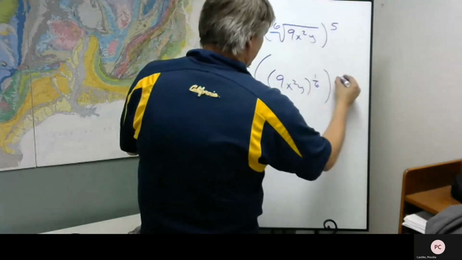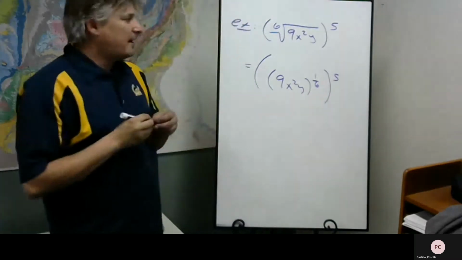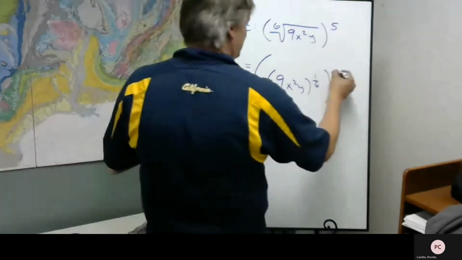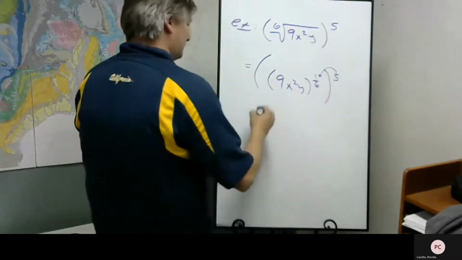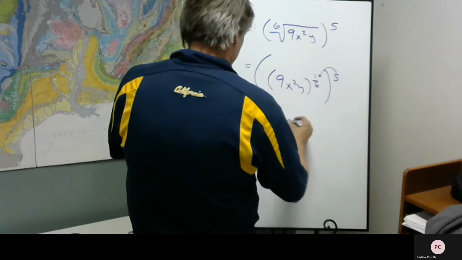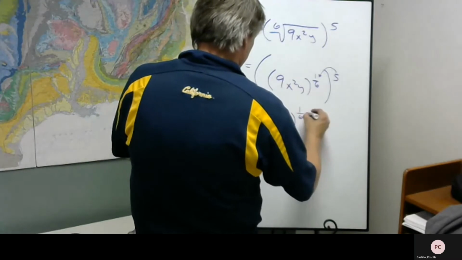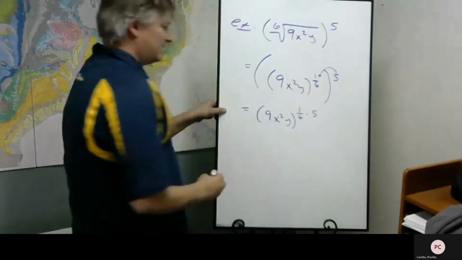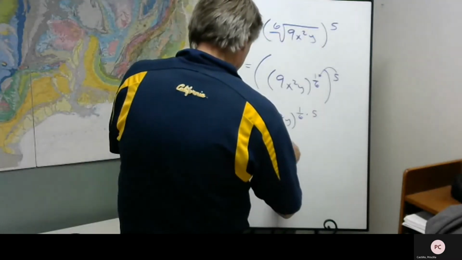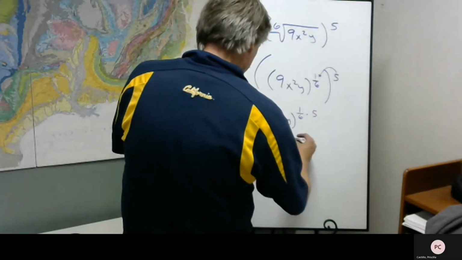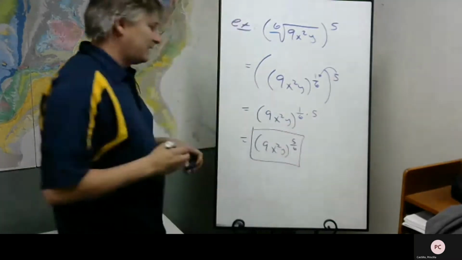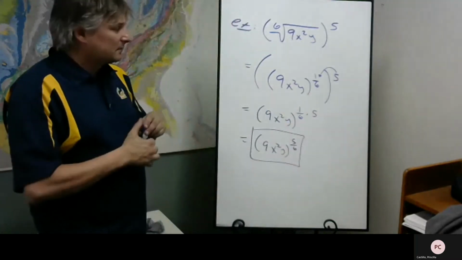We still have that exponent 5 floating out there. Let's distribute it as an exponent. So what that's going to give us, and that's going to be our answer.